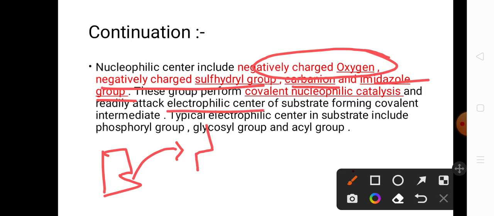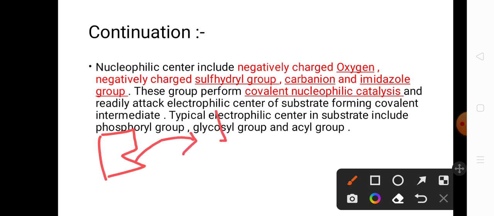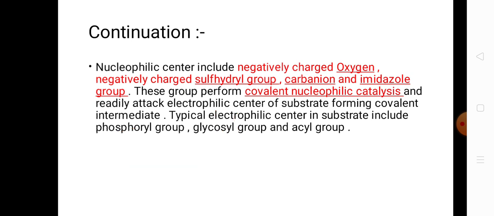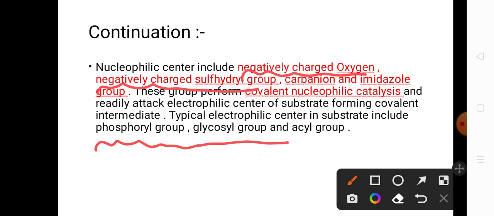Those electrophilic centers are phosphoryl groups, glycosyl groups, and acyl groups. So in covalent catalysis, the enzyme contains a negatively charged group and attacks the electrophilic center of the substrate. We have to remember examples of what kind of electrophilic center should be present in the substrate and what kind of nucleophile should be present in the enzyme.